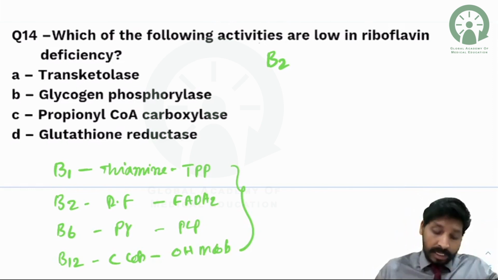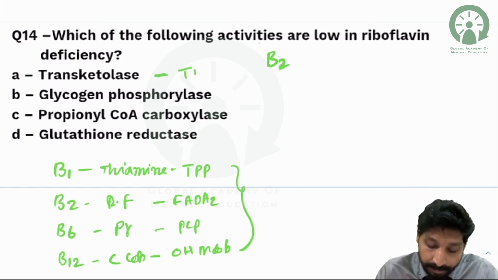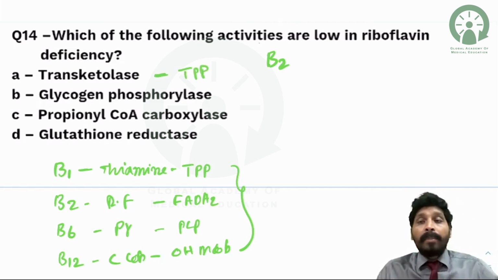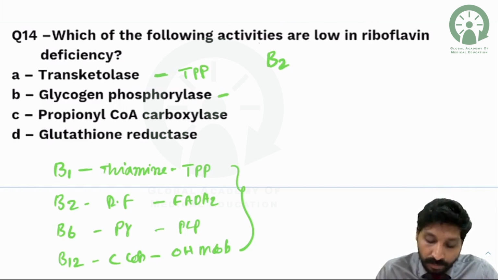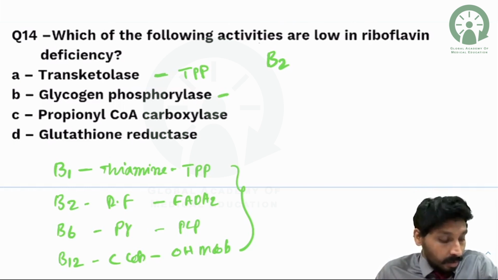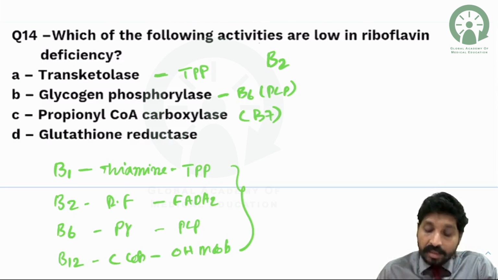Suppose transketolase: the transketolase enzyme activity is dependent on TPP, thiamine pyrophosphate. That's why in case of deficiency, they will check these TPP levels. In glycogen phosphorylase, B6, PLP is required, and in propionyl CoA carboxylase, carboxylation reactions need B7.